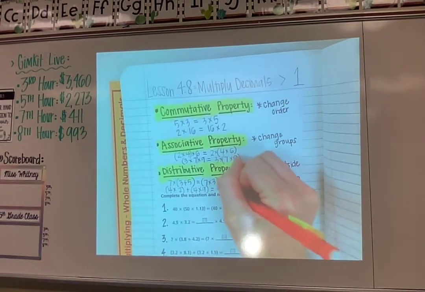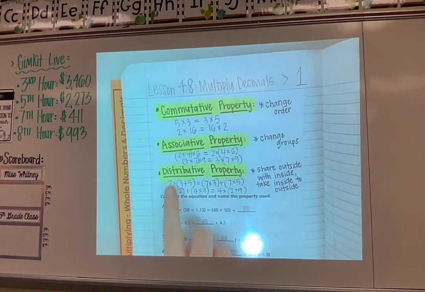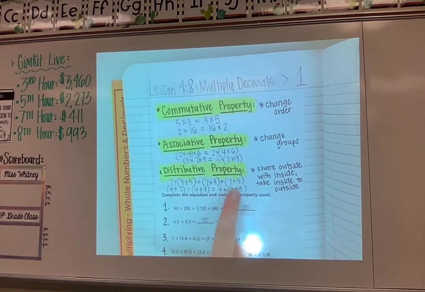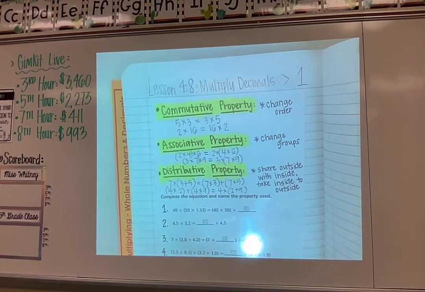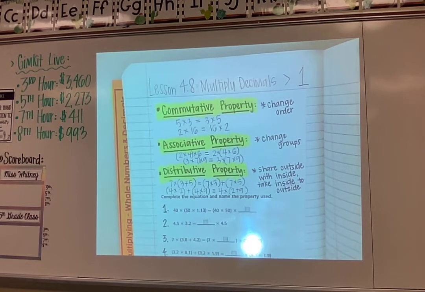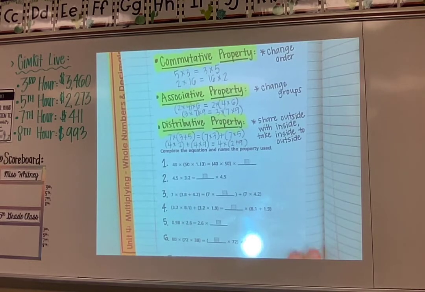The 2 plus the 9. So I can do it either way. I can share the outside with the insides, or I can take the insides and move it to the outside. This one's a little bit trickier because there's a lot going on. Now, let's practice identifying these properties and using them with our examples down here.